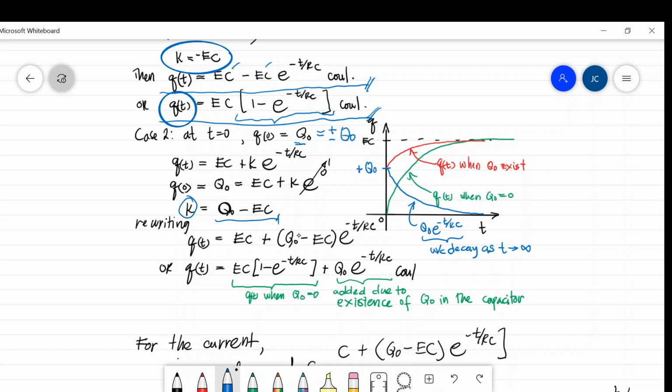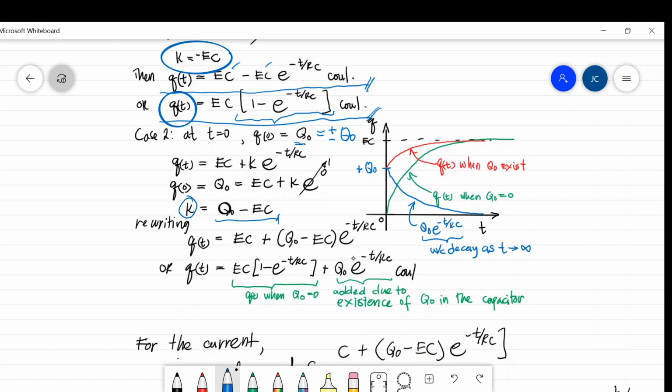If I separate the Q sub O in the equation and form again the EC together, this is EC times 1 minus e to the negative t over RC, a condition that exists when Q sub O is 0. This is case 1.